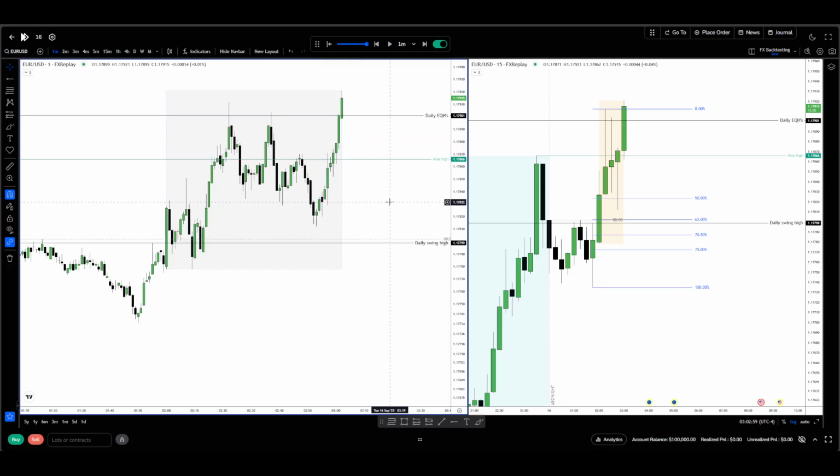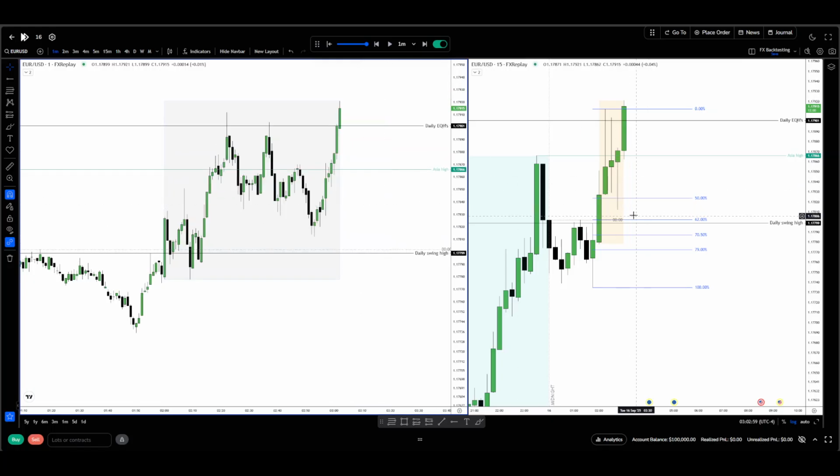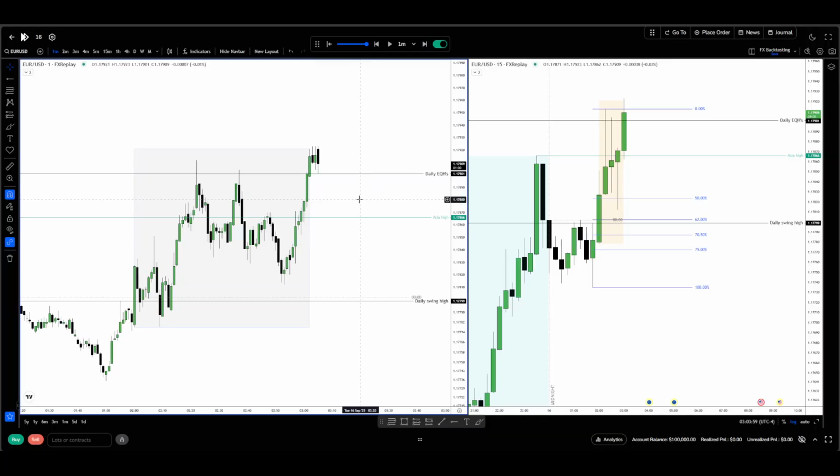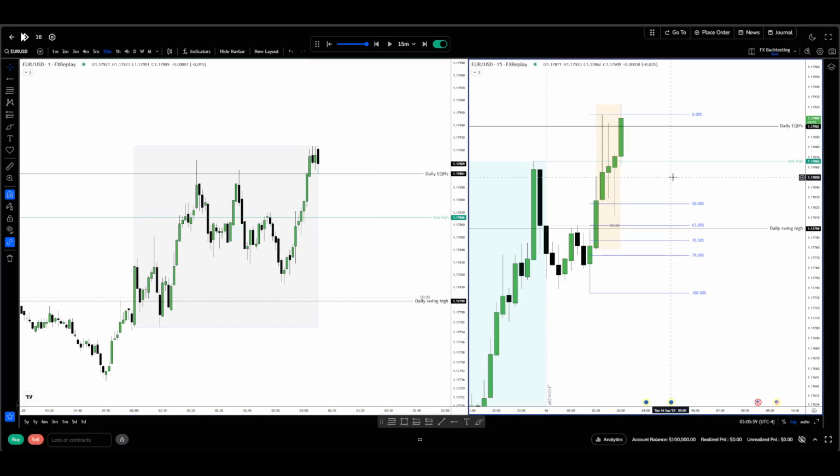And there price goes. So it wasn't even necessary to close below or go below the opening price to the order block. Just this fair value gap was enough to send price higher. So now we extend this dealing range.